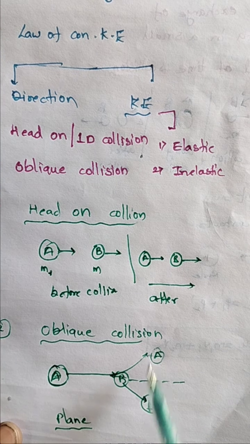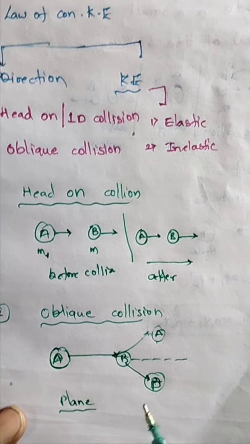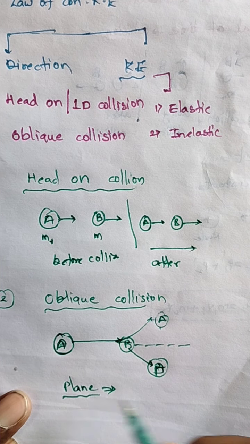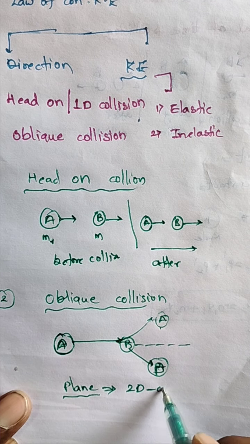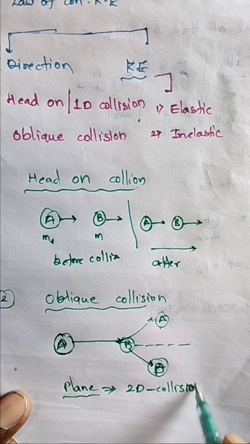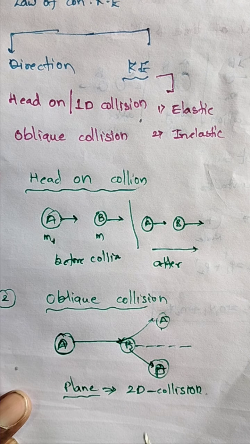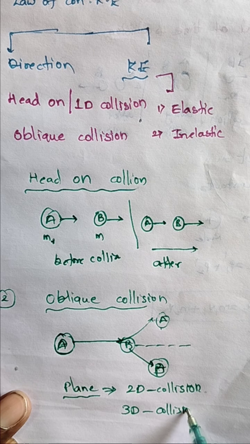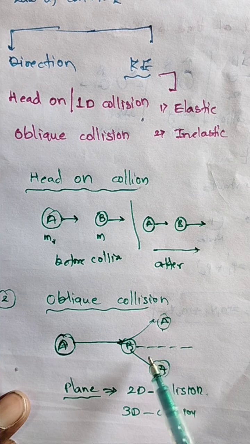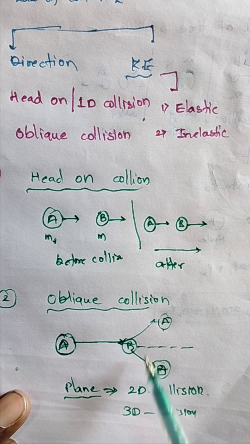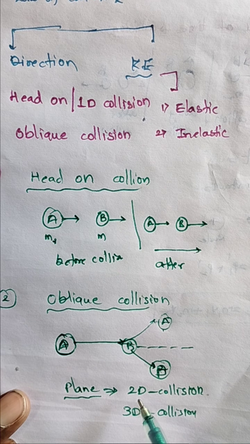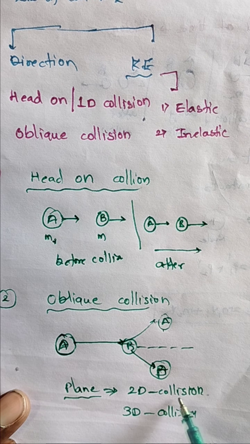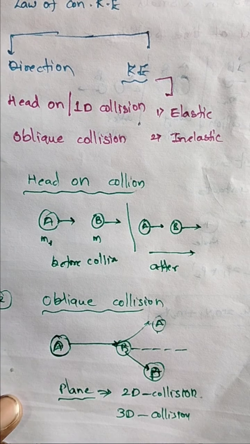Especially, since these two particles A and B move in a plane, it is called a two-dimensional collision. Otherwise, it is a three-dimensional collision.